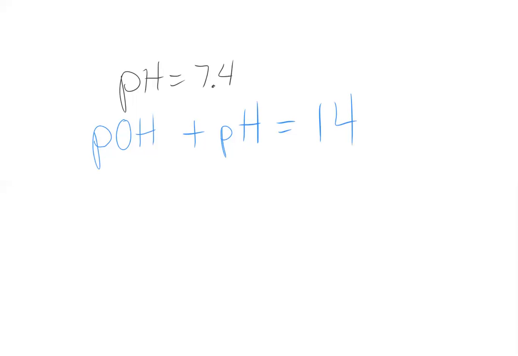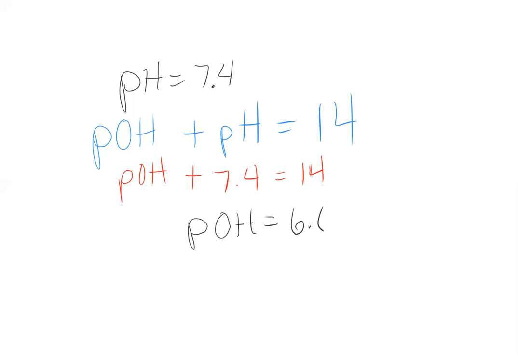So if we plug in our known value of 7.4, we end up with 14 minus 7.4 is going to give us the pOH. Okay, so type that in the calculator. Easy peasy. 14 minus 7.4. You're going to get an answer of 6.6. Yes, 6.6. So your pOH is equal to 6.6.